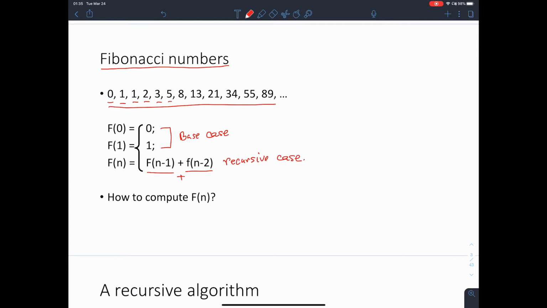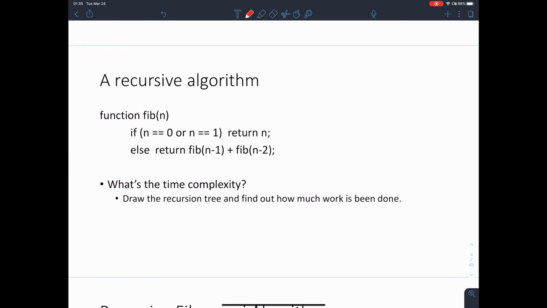So how can we compute the nth Fibonacci number, or f of n? We can write a simple computer program to calculate it. We can use the recursive definition of the Fibonacci sequence to write the recursive algorithm.